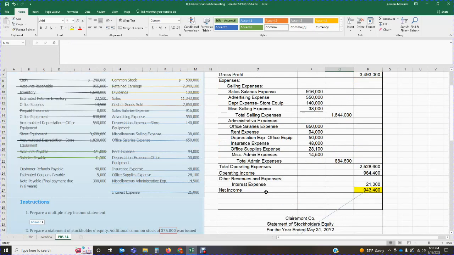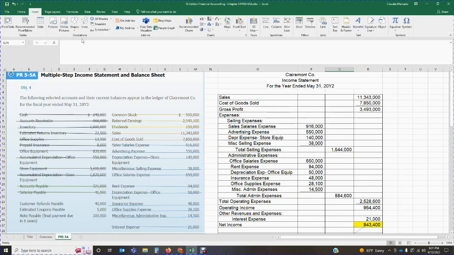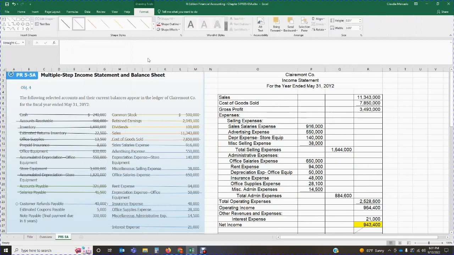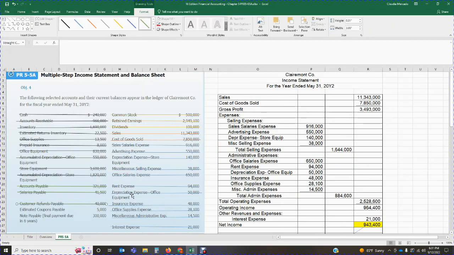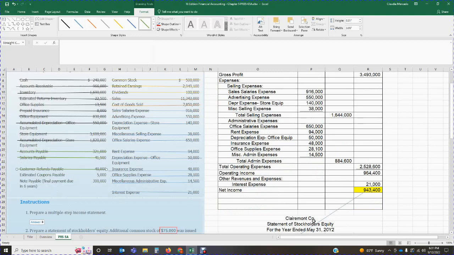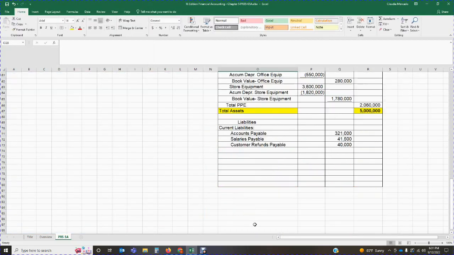Basically, anything that has the word payable is a liability. We need to pay that money. Estimated coupons payable, that's our next one.